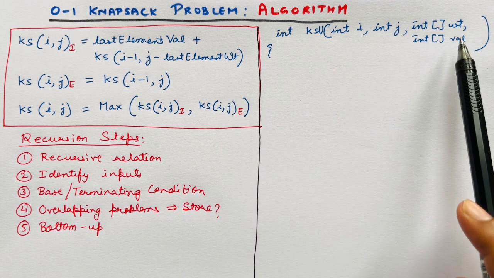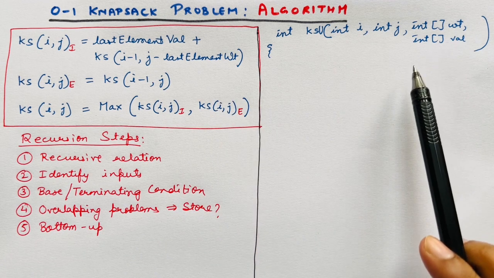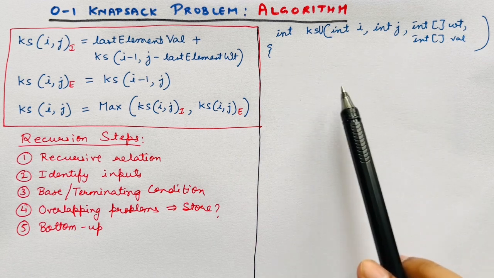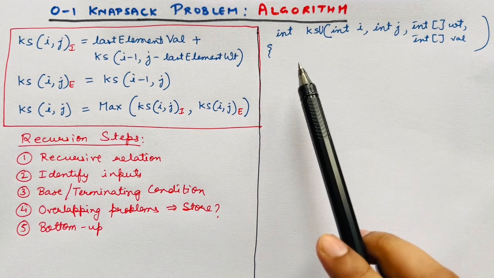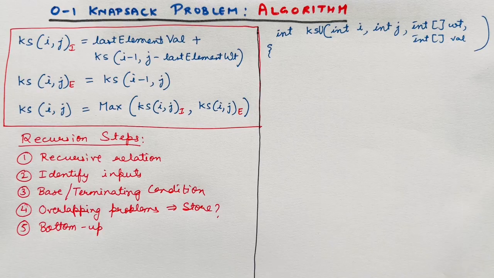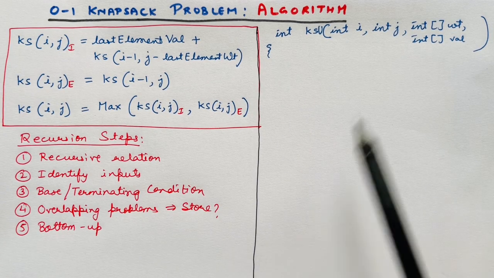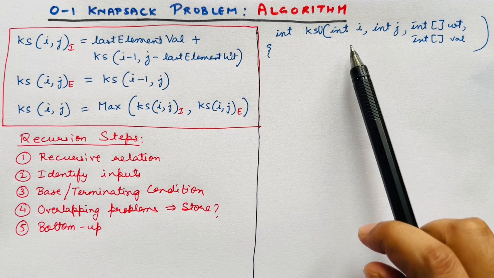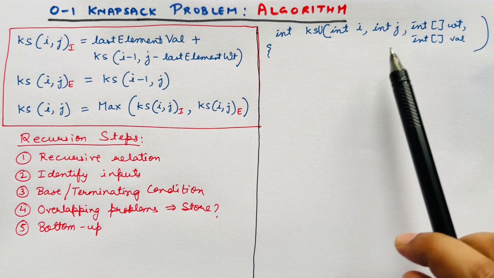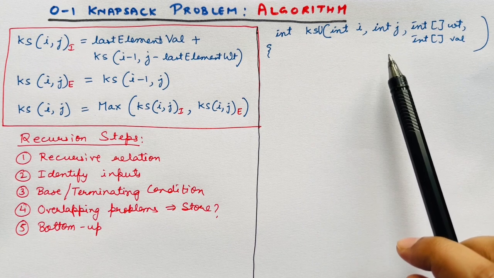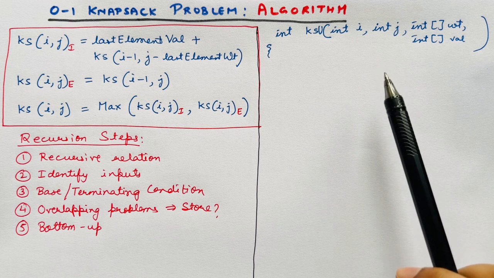So we will have to pass the weight and value arrays as well. And this will return the maximum value that can be formed in these constraints. We will initially call this method with i equal to n, whatever is the number of items given, and j equal to w, whatever is the capacity of the knapsack given.